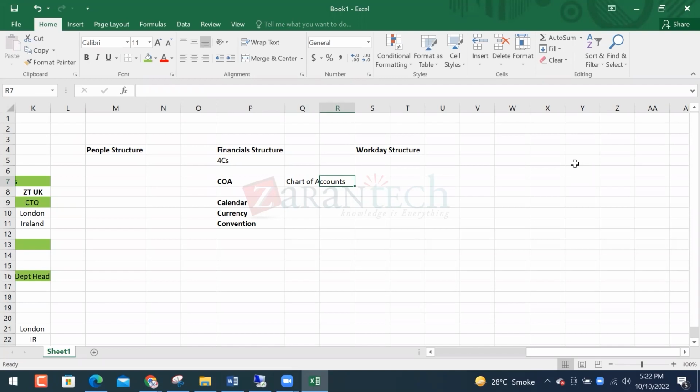So basically, we will be defining the structure of accounts where it will be, you can say, it will be doing all the transactions in that company, you can say. I don't have a definition around it.